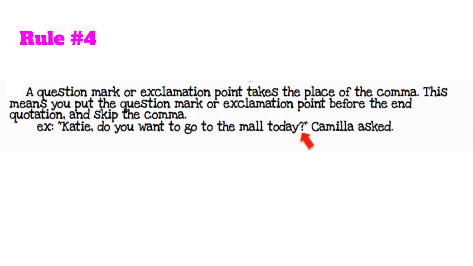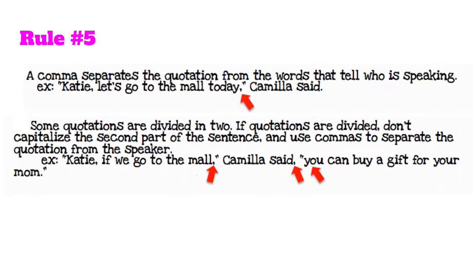Sometimes a character might be saying something with a lot of emotion, right? A lot of expression, and it might have an exclamation mark. So if that is the case, then you have to put an exclamation mark. But, as rule number 5 states, if it is not a question and the character is not shouting it out or trying to show a lot of emotion, then it needs to be a comma.